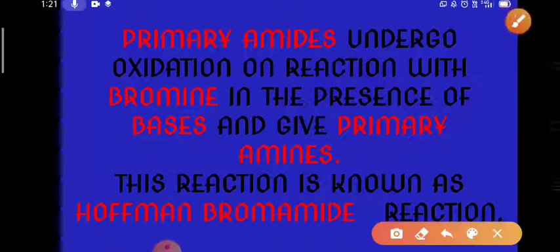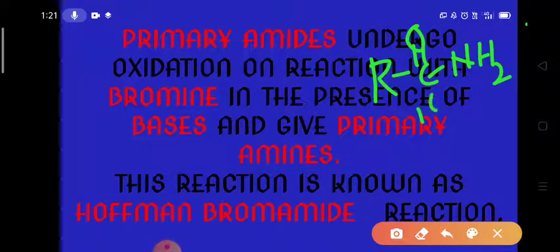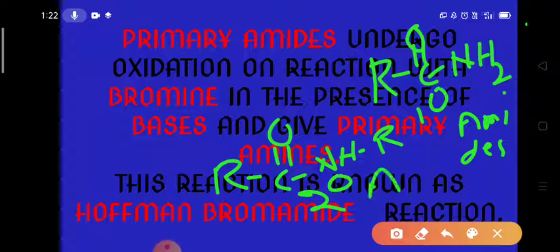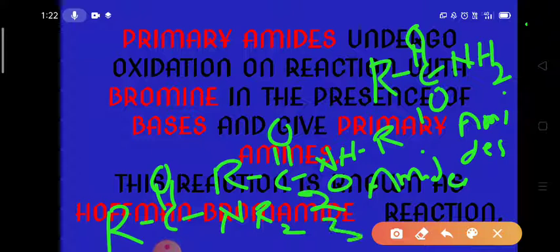Here the compounds which have RCONH2 formula are known as the primary amides, and the compounds which have RCONHR are known as the secondary amides, and the compounds which have RCONR2 formula are known as the tertiary amides.